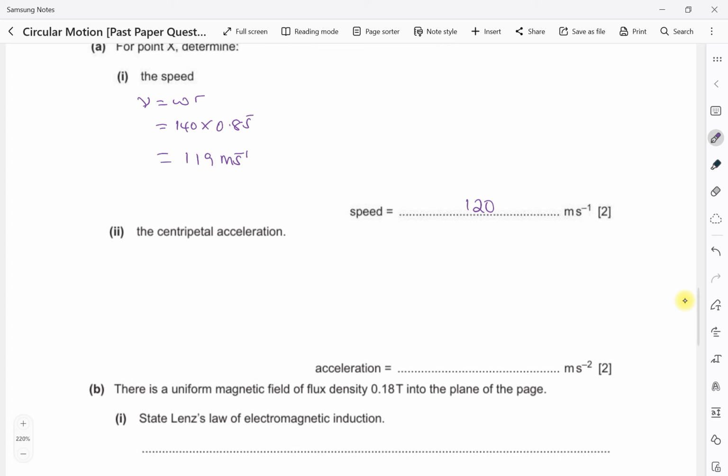Then the centripetal acceleration is equal to v squared over r, or the centripetal acceleration is equal to omega squared r. So this is going to be 119 squared divided by 0.85, or 140 squared times 0.85.